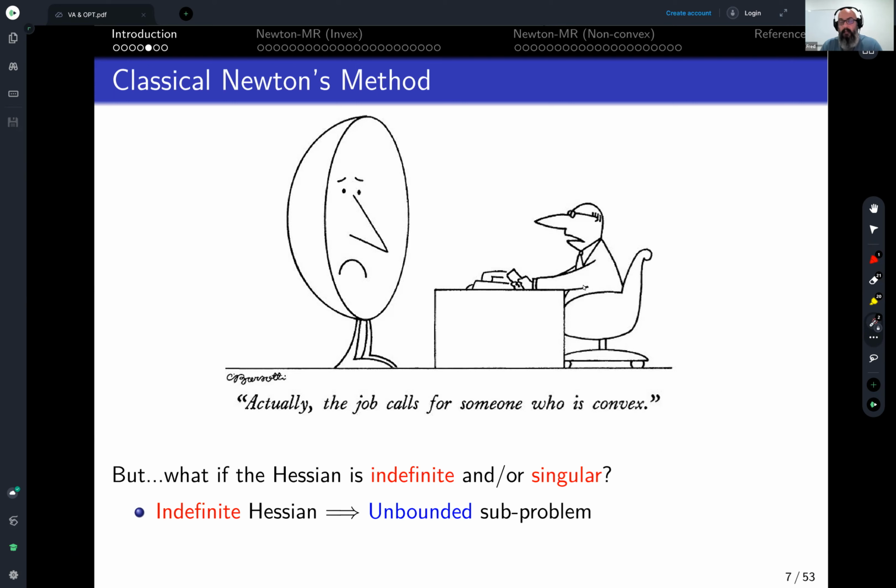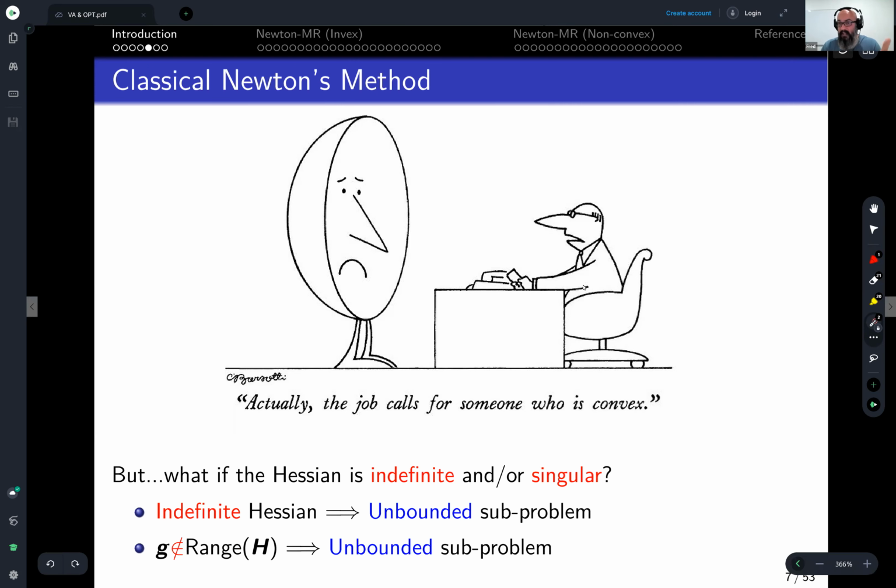So CG breaks down easily because of it. Or even if we are talking about a weakly convex function, which is not strongly convex but happens to have a null space, and part of the gradient lies in that null space, then again the subproblems of CG can become unbounded. So what happens in that scenario?